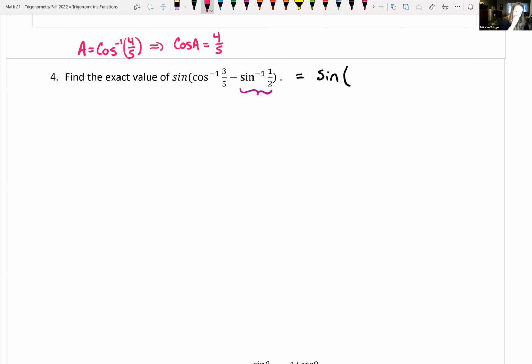And why did I write 4? I don't know, but that was 3, not 4. 3/5. So we have cosine inverse of 3/5, which is A, minus sine inverse of 1/2, which we said was 30 degrees or pi/6.